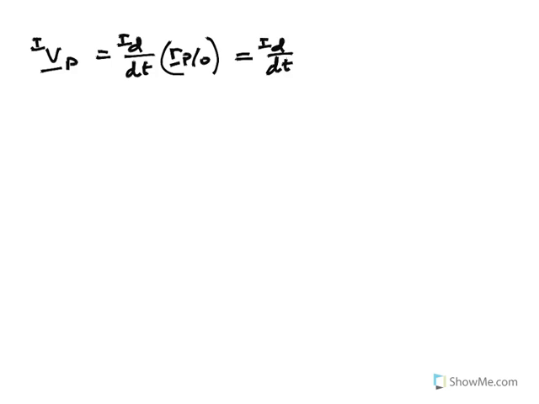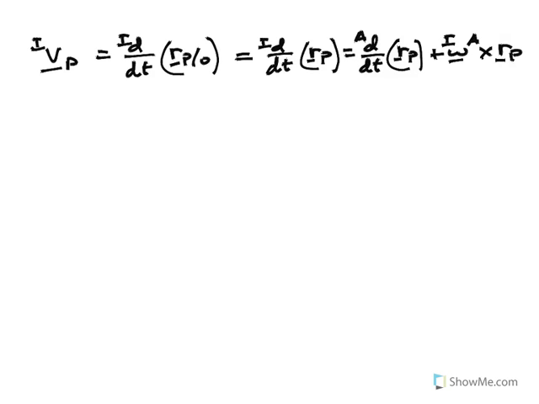Now the velocity of P in the inertial frame is equal to the rate of change in the inertial frame of the position of P relative to O, which is equal to the rate of change in the arm of the position of P plus the angular velocity of the arm in the inertial frame crossed with the position of P.